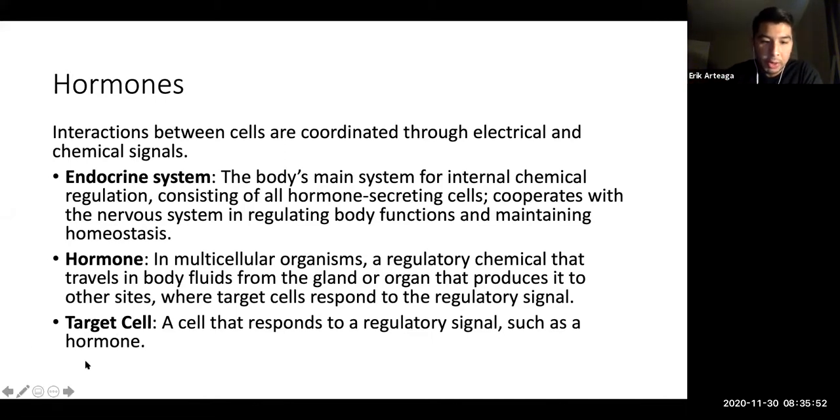Okay. Another thing, target cells. The endocrine system targets multiple cells using one type of hormone, right? For example, testosterone can talk to multiple different tissues and multiple different organ systems. It can cause your muscles to grow. We talked about steroid abuse and androgen steroid abuse. Those hormones can talk to your muscles, tell them to grow.